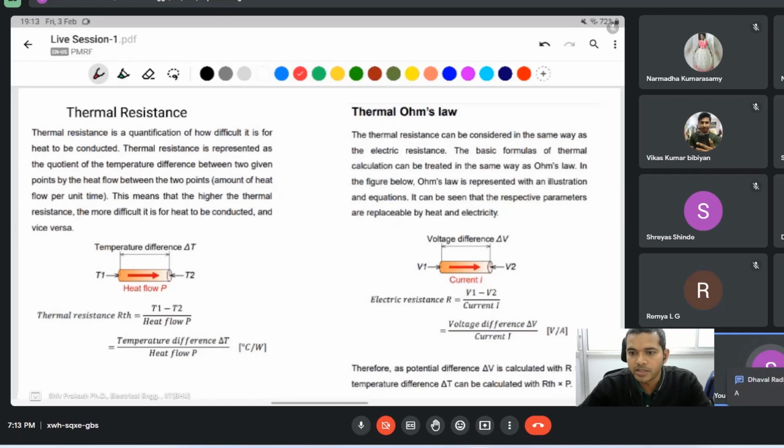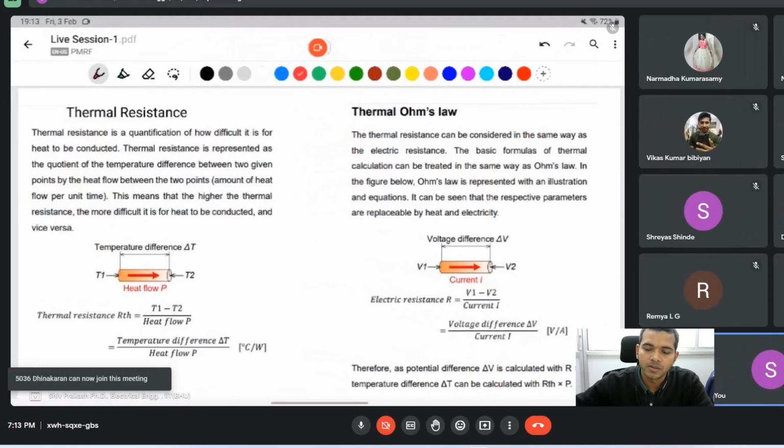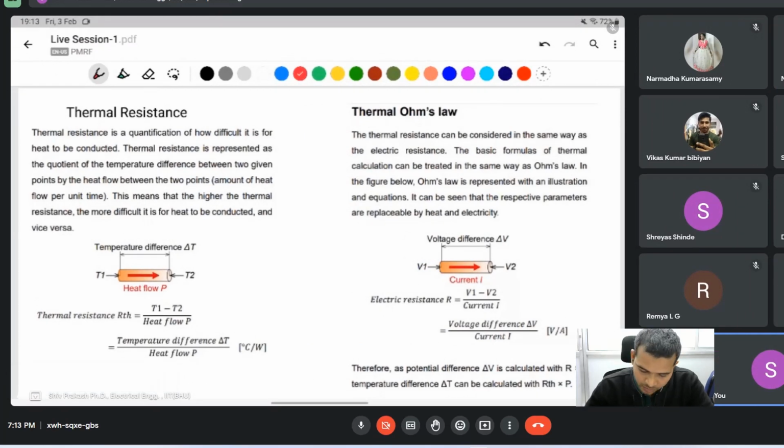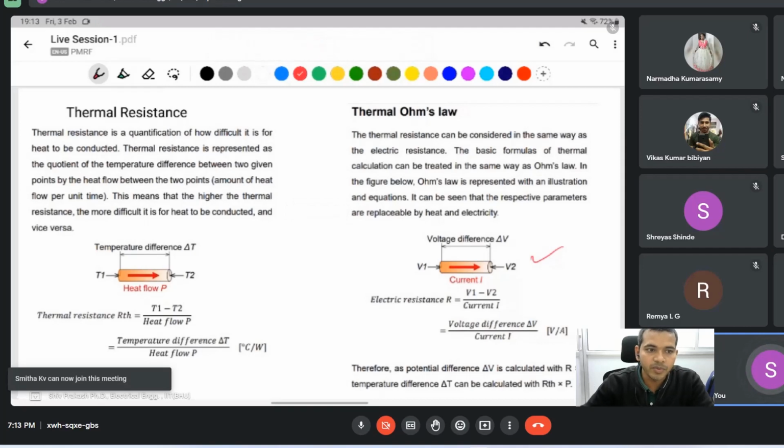If you take a high resistance, the current is low. Same as the current flow with V1 minus V2, where a voltage difference between two points in a circuit causes a current to flow, in thermal resistance, if you put a temperature difference between two points, heat flows.